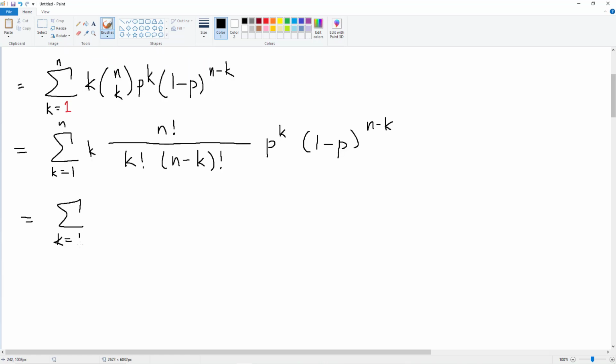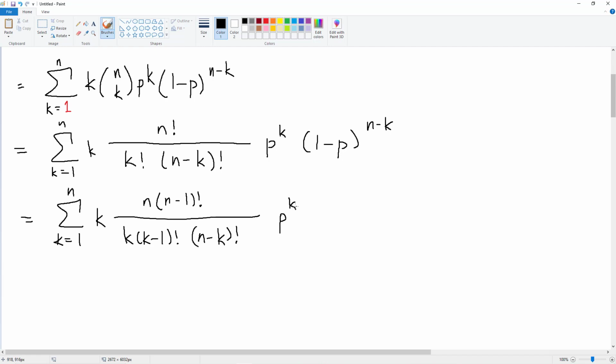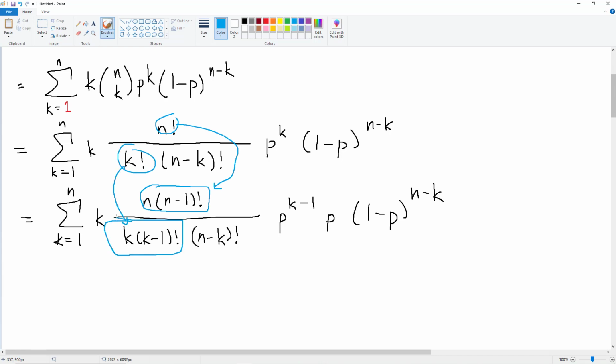And then, let's now decompose the factorials: n factorial into n times n minus 1 factorial, and k factorial into k times k minus 1 factorial. And finally, let's decompose p to the k into p times p to the k minus 1. And we can see here that the two expressions are still equivalent.